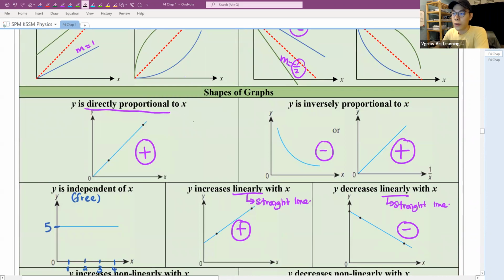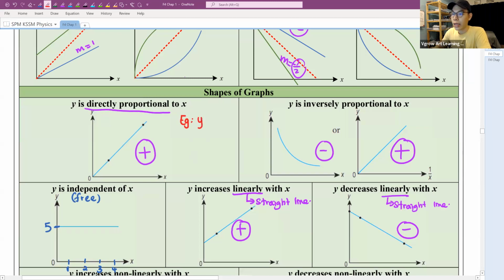So for the shapes of the graph, when we have y is directly proportional to x, I just want to show you how the equation usually looks like. So we can write a few examples. Okay, you can write EG or EX to represent example.